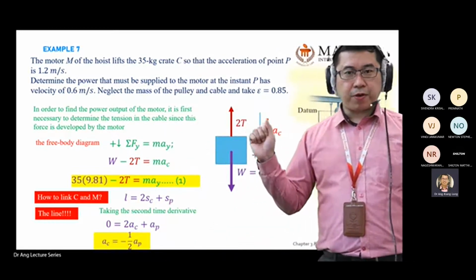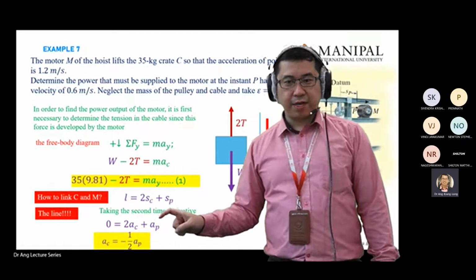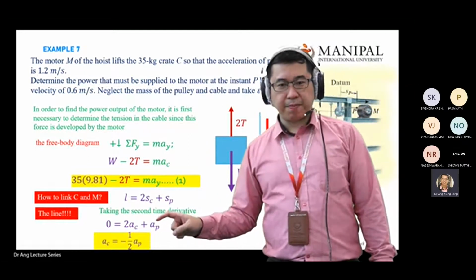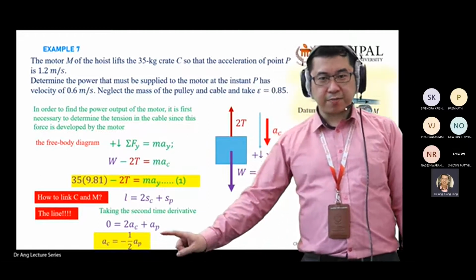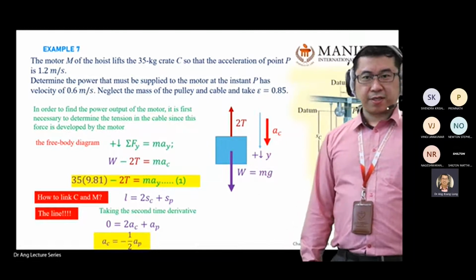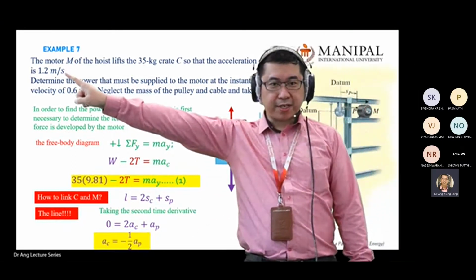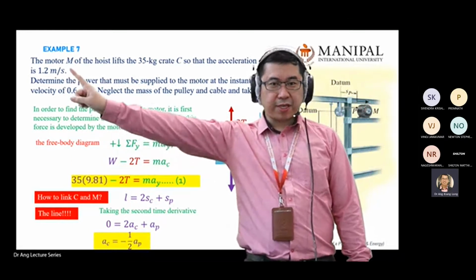Do I need to point to you where this value is? Any one of you don't know what AP is? What is the acceleration of P? Again, the typo error in my slides here. Meter over second square.